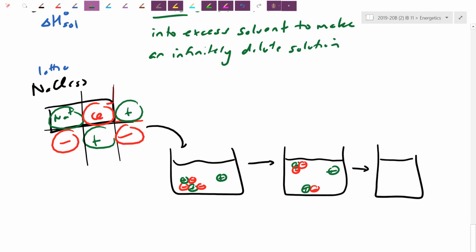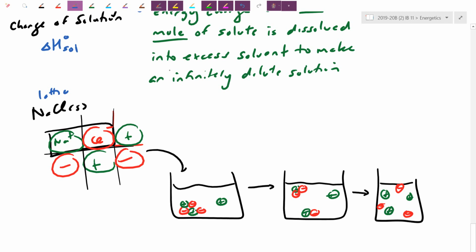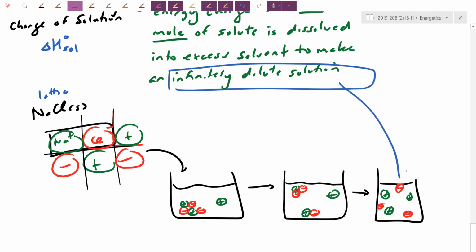All the positives, I had 3 greens before, I have 3 reds afterwards, and you now see none of the cations are now beside the anions anymore. This is what I refer to as an infinitely dilute solution. An infinitely dilute solution has had the chance where water has actually broken up all the bonds that there is no further energy change. No further energy change since all the ions are separated.